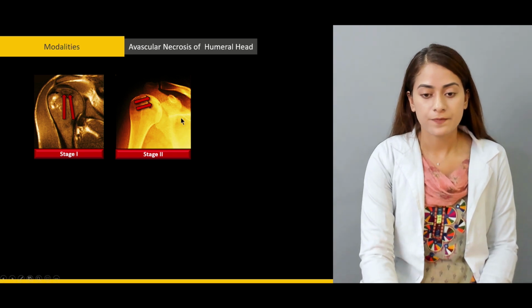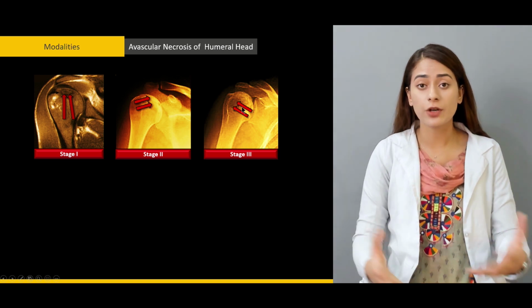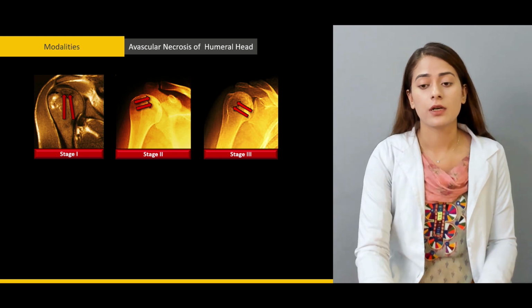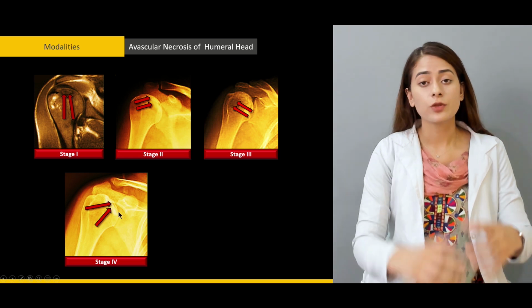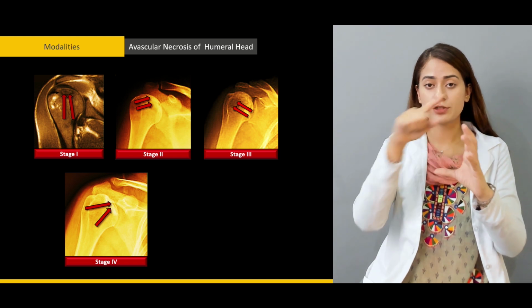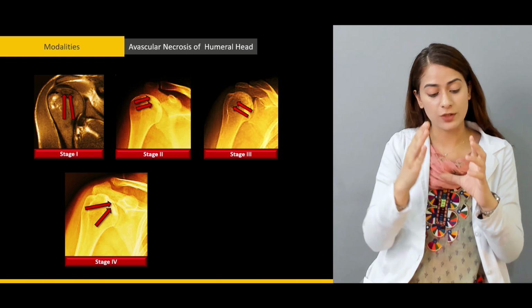Then we have stage 3. We have osteoclastic activity starting at stage 3. There is absorption of bone in stage 3. What happens is this is happening in a cycle. The osteoblastic activity happened first, but then it was replaced by osteoclastic activity.